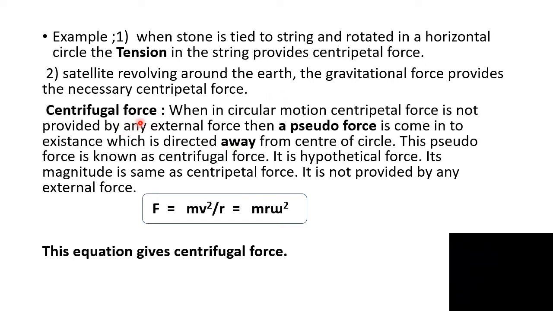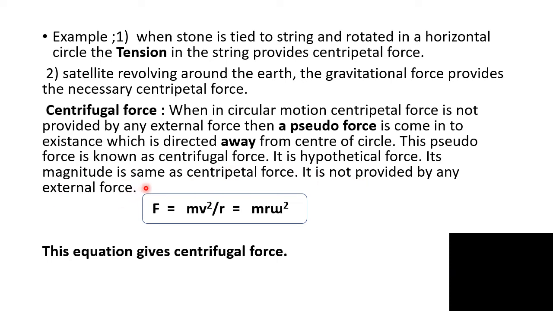Centrifugal force. When in circular motion, centripetal force is not provided by any external force, then a pseudo force comes into existence which is directed away from the center of the circle. So this pseudo force is known as centrifugal force. It is a hypothetical force.